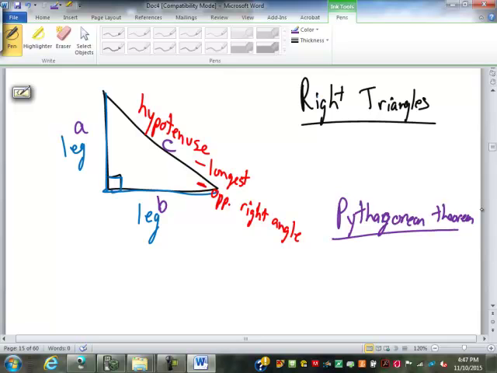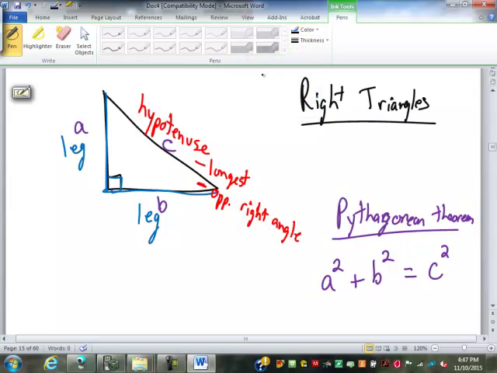Yes, I can't spell. And his theorem stated that if you have a right triangle, sides A, B, and C, the length of side A squared plus the length of side B squared equals the length of side C squared.